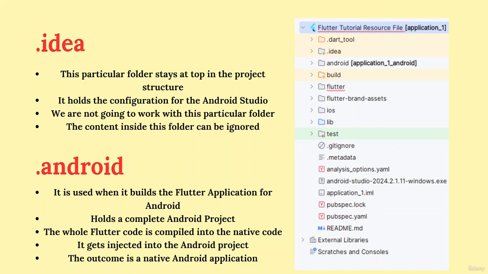The whole Flutter code is compiled into native code. We have learned before what native code is and what the native features of a device are. The whole Flutter code is compiled into native code, and it gets injected into the Android project.